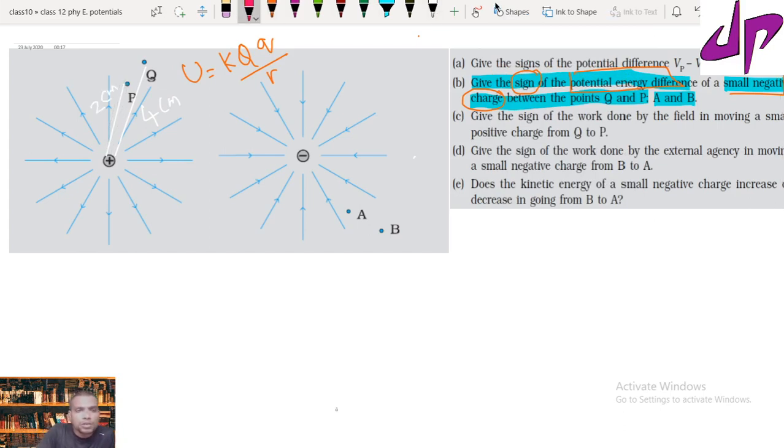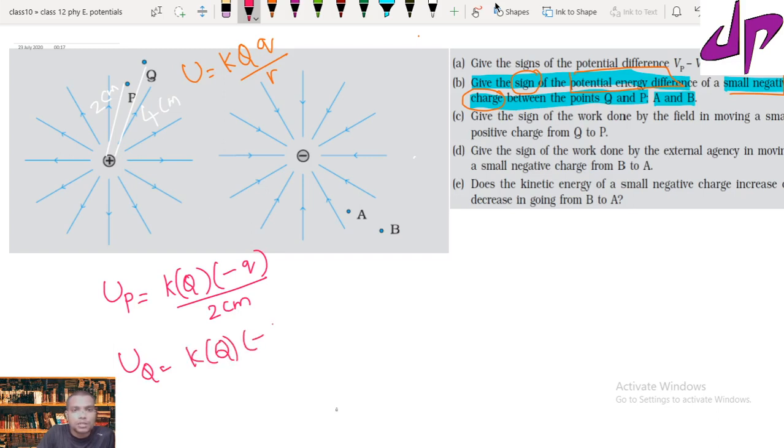Now the potential energy at point P equals K, the source charge is positive, capital Q, and the test charge is a small negative charge, so minus q, upon a distance of 2 centimeter. Similarly, the potential energy at point Q equals K, source charge capital Q, test charge minus q, distance 4 centimeter.